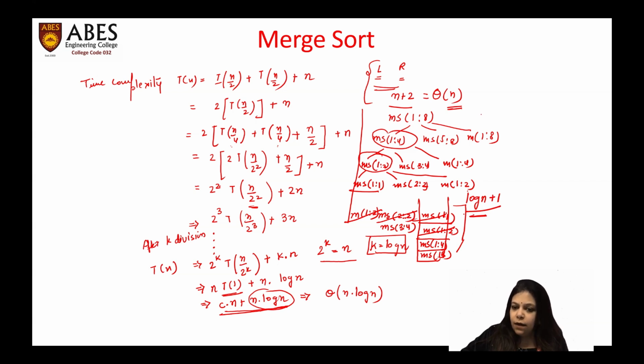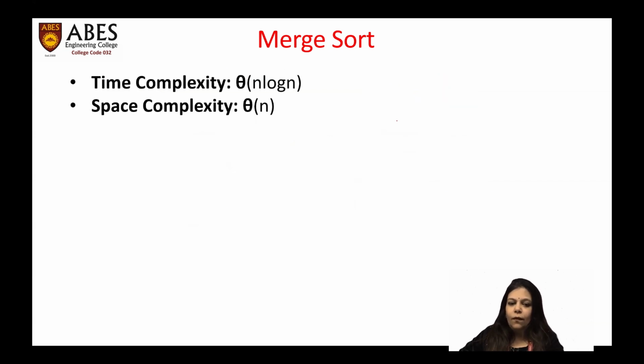The dominating term among these two is n, and hence the space complexity will be represented by theta of n. So the time complexity for merge sort is n log n, and the space complexity for this algorithm is theta of n.